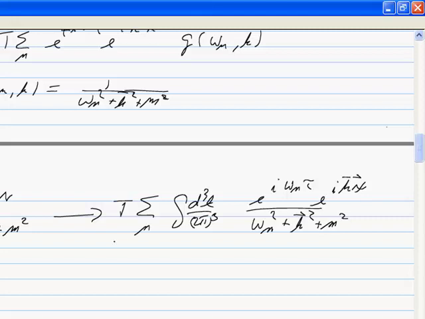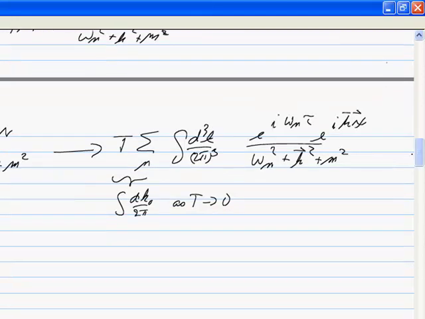Okay, so really this equivalence is, as T goes to 0, this is dk0 over 2 pi. And you can show that a little more precisely. But remember, as T goes to 0, this becomes a small thing, so this sum becomes close to being a continuum, and then you work at it, you get that's the correspondence.